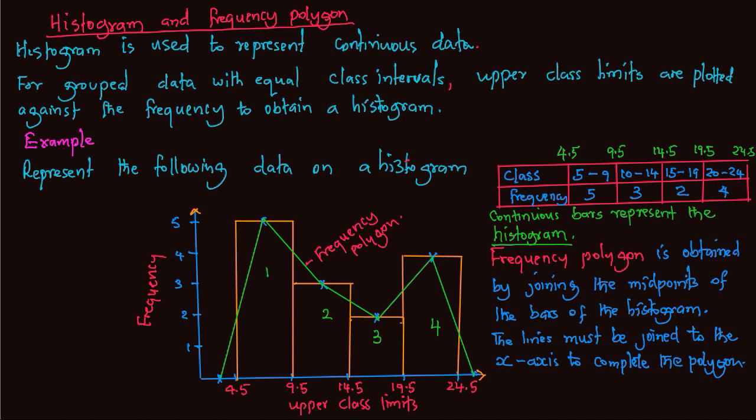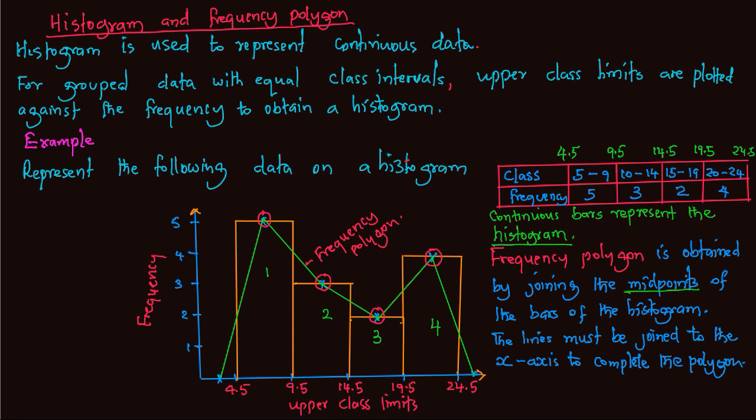The frequency polygon is obtained by joining the midpoints of the bars of the histogram. So we obtain the midpoint of each bar.